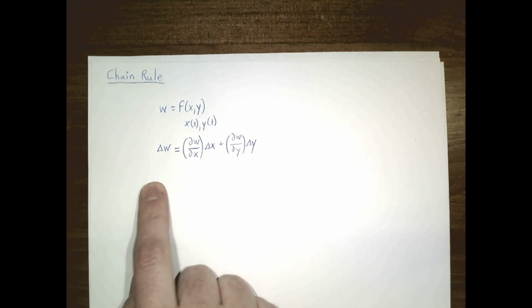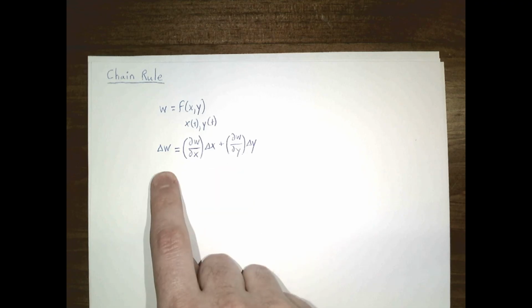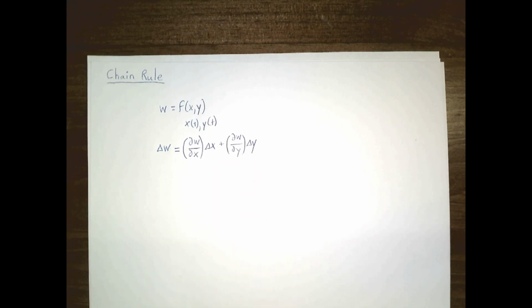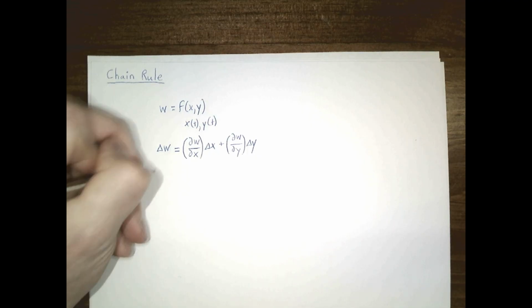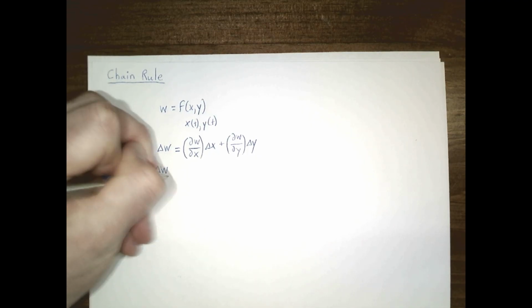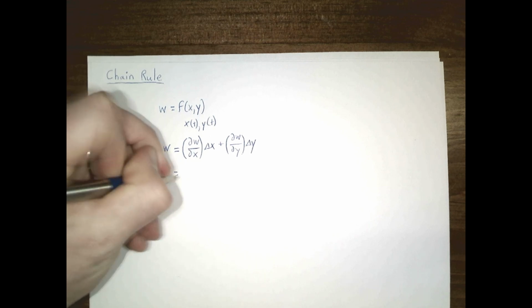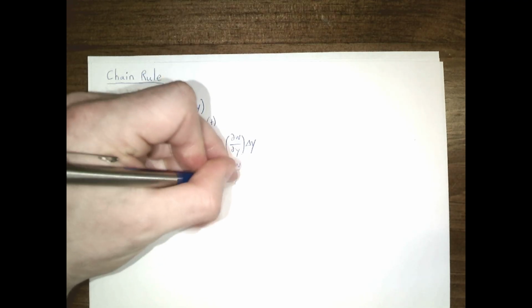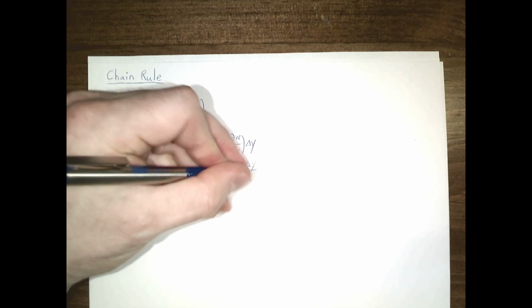Well, we can do some algebra tricks here. We're going to divide everything by delta t, a little change in that third variable. So we're going to get delta w over delta t equals partial w with respect to x times delta x over delta t, plus partial w with respect to y times delta y over delta t.